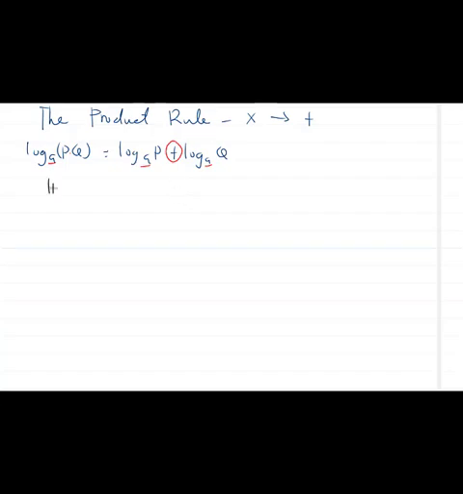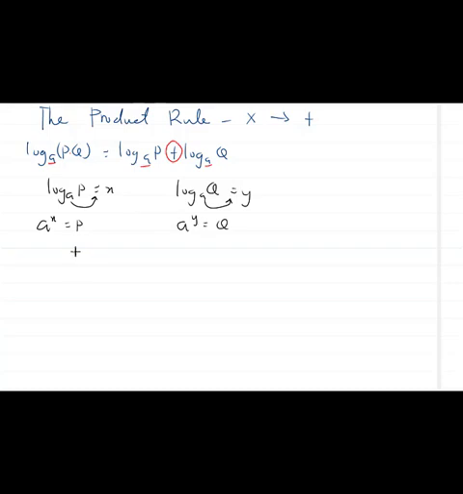How does this work? Log base a of p will give us x, and log base a of q will give us y. Now let's write this in exponential form. The base will carry the exponent, so a exponent x will give us p, and on this side we'll have a exponent y will give us q.